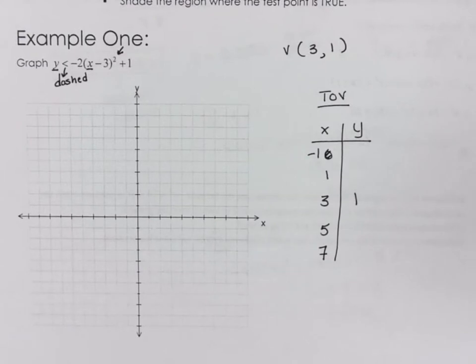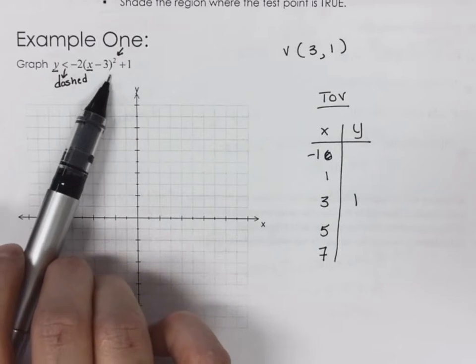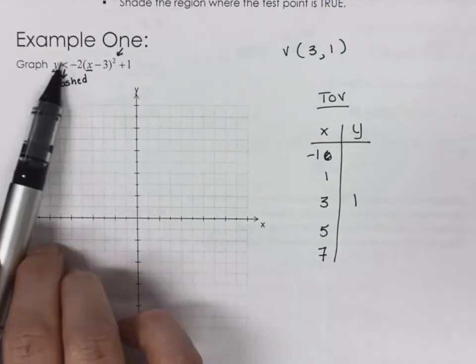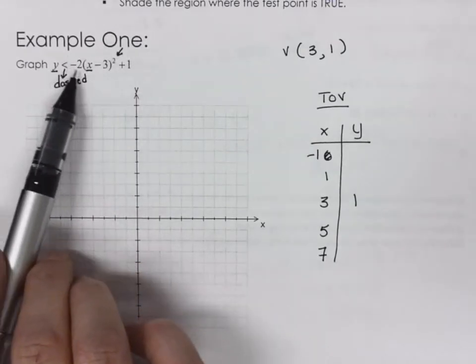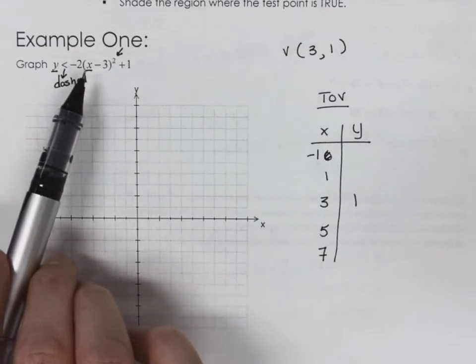Do you guys know from vertex form where the y-intercept is? I'm assuming you guys are all saying no. In vertex form, we can't see the y-intercept, and you would be 100% correct.